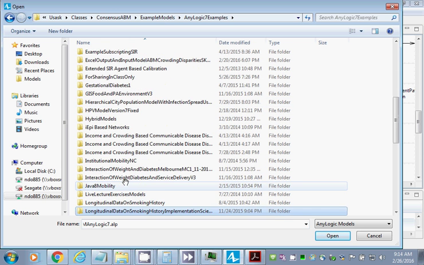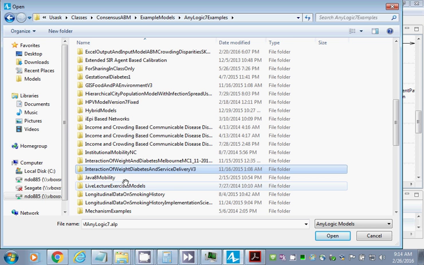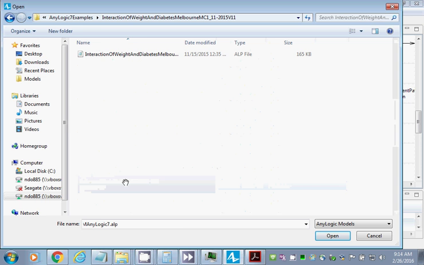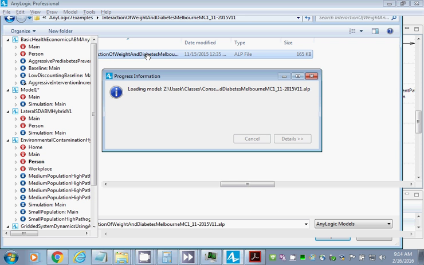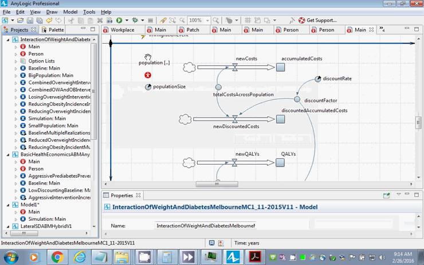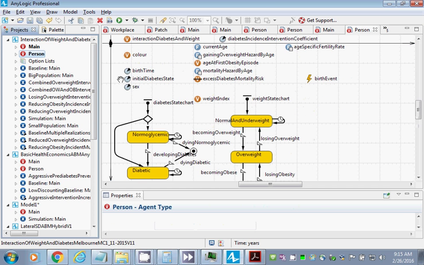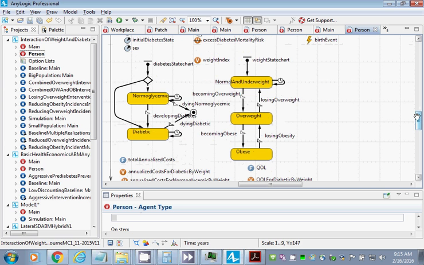And the key thing, folks, is that your weight status affects your hazard rate of developing diabetes. Okay? And here we have interaction of diabetes in weight, it's called, and then you have a rate here of developing diabetes that depends on this variable, this interaction of diabetes in weight, which is up here.